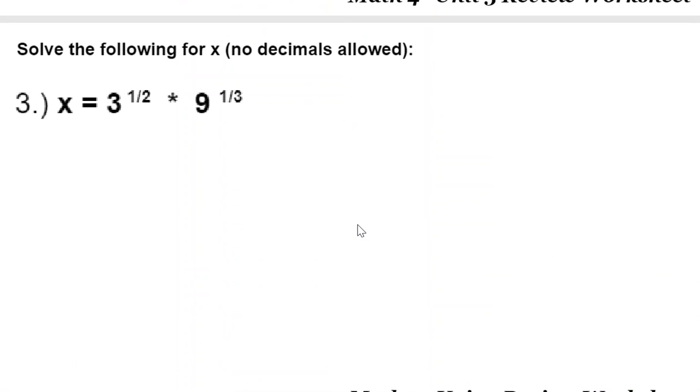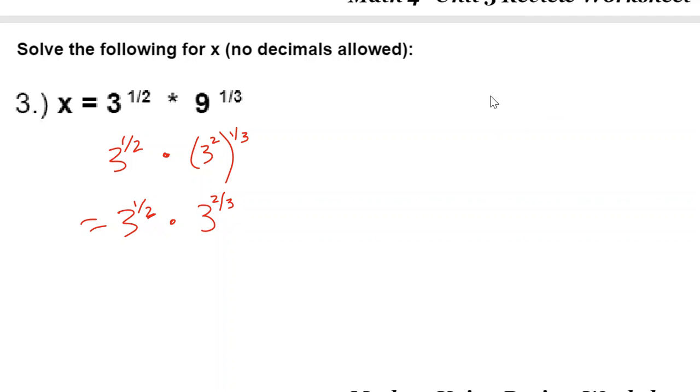Now this one is probably easier if we reduce the one guy to the same base. 3 to the 1/2 times 3 squared to the 1/3. Well, that's going to be 3 to the 1/2 times 3 to the 2/3. Now, at this point, we would normally add our exponents.